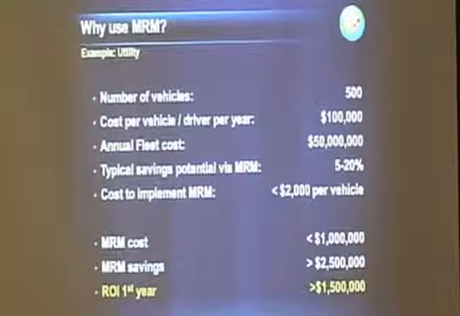Then I have an ROI, return on investment, of over $1 million. So in the first year, I already get $1.5 million return on putting in a system like that. That's pretty significant. It's a no-brainer to go with mobile resource management, with fleet management tools that optimize the fleet. And I have 5% as a minimum saving.